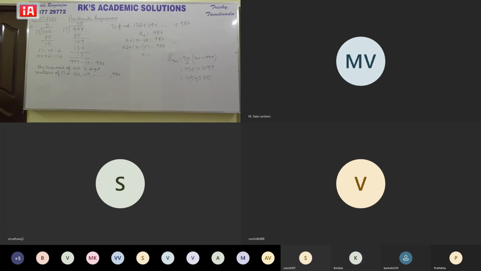After finding the value of n, what next? We have to find the sum. 28,832, ma'am. Okay, so we need to next find S53, the sum of the 53 terms in the sequence.